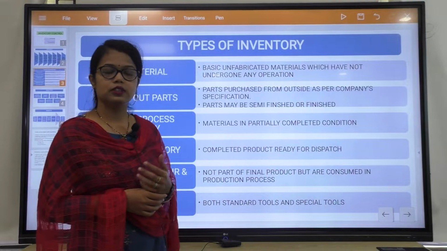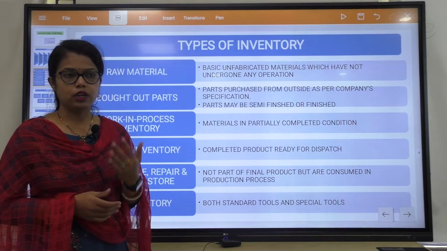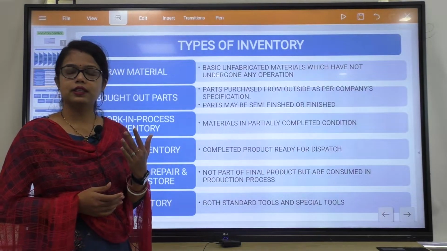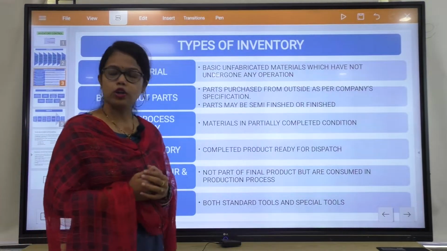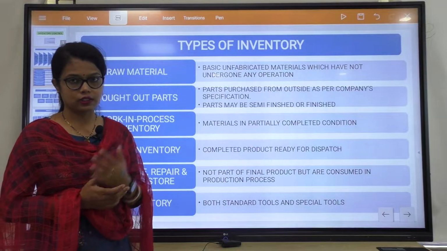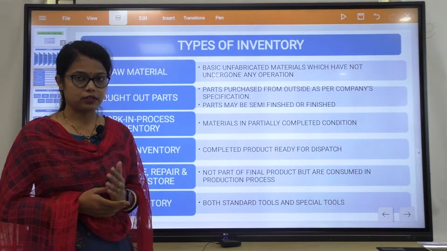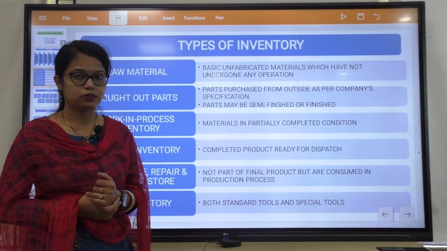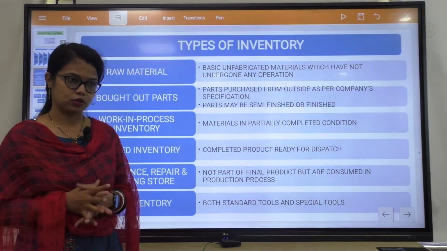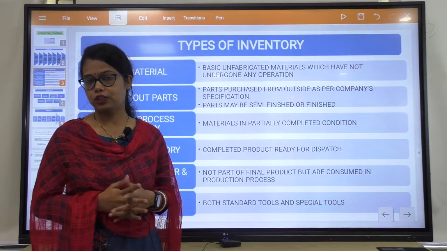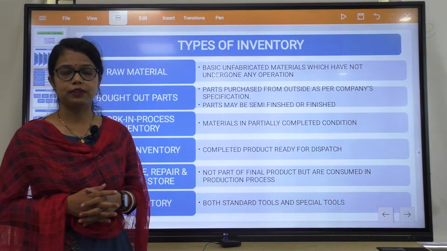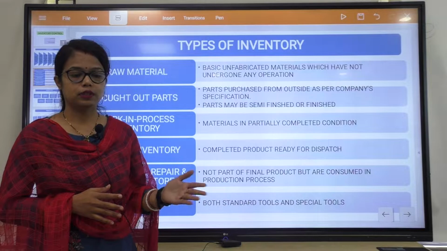In the industries it is the basic term, but you will understand that it is a part which is in stock. It is the products which are in stock in the industries, whether it is raw material, semi finished product, or finished product. Now what do you mean by raw material, semi finished product or finished product? These are the inventories.